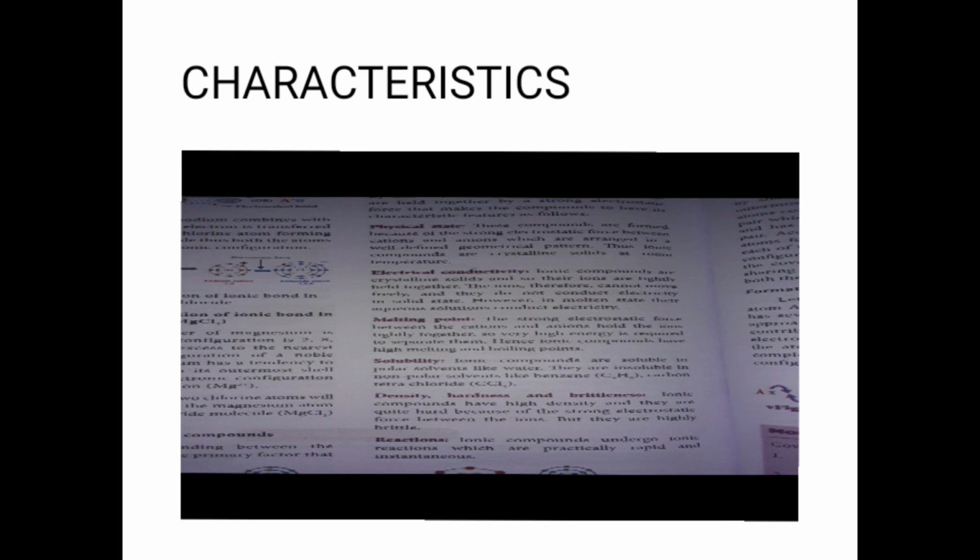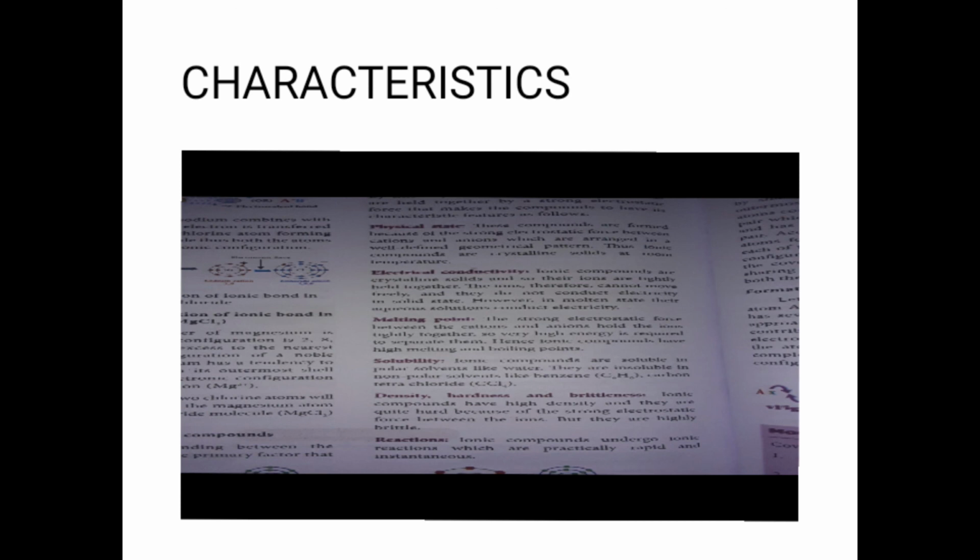And what are the characteristics of an ionic bond? What are the major characteristics? Their physical state, conductivity, melting point, solubility, density, hardness, and their reactions. First, we will see the physical state. They are held together by a strong electrostatic force, so they have a well defined geometrical pattern.